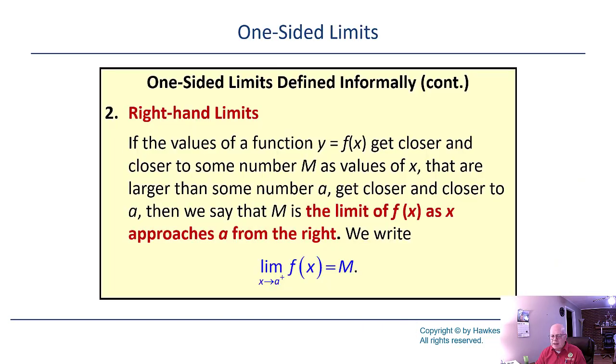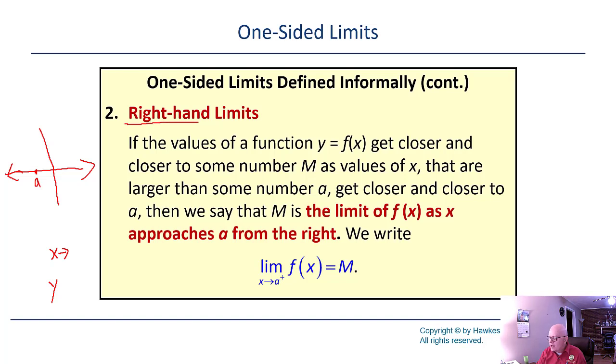Now, how about the right-hand limits? That means we're on the right of some number. Remember, we're talking about x's first, and then we talk about the y values next. So if you're getting close to something, here's our graph, and maybe here is a number we're getting close to.